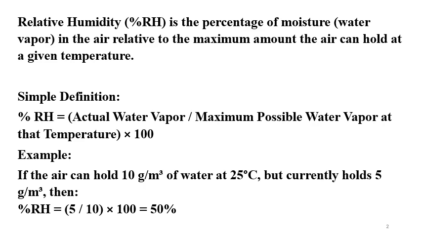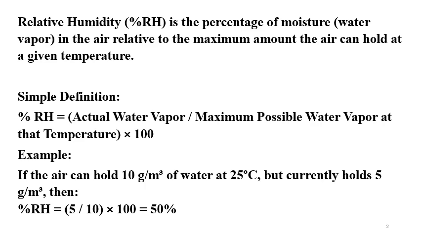Relative humidity percent RH is the percentage of moisture, that is water vapor, in the air relative to the maximum amount the air can hold at a given temperature. For example, percent RH calculation is given here. Percent RH is equal to actual water vapor divided by maximum possible water vapor at that temperature, into 100.